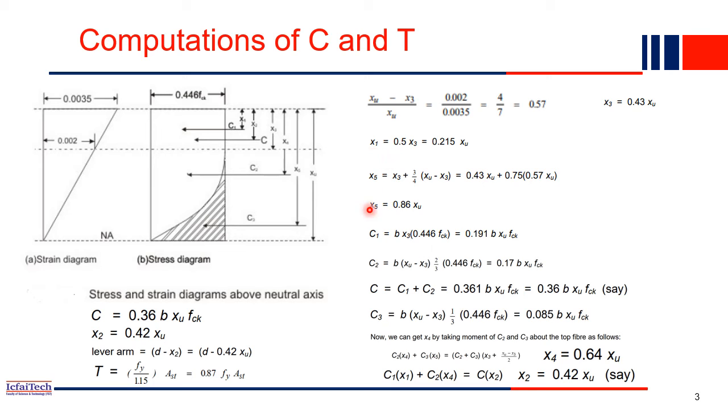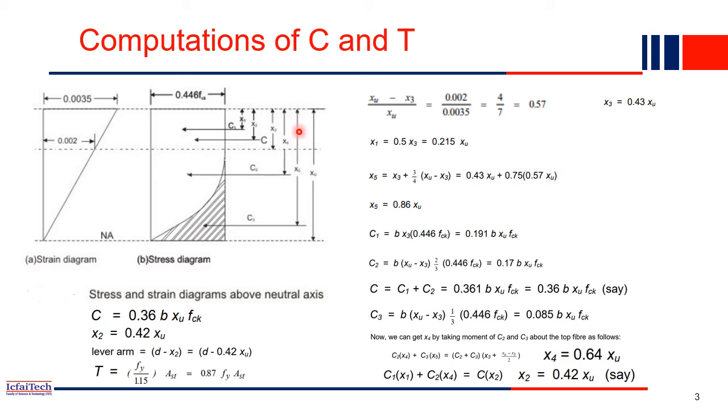Now let's compute X5. What is X5? X5 is the CG of this portion, this shaded area. CG is acting here, and this distance is X5. So how can X5 be calculated? X5 will be X3 plus this portion, from here to here.